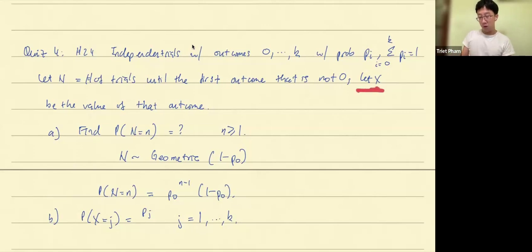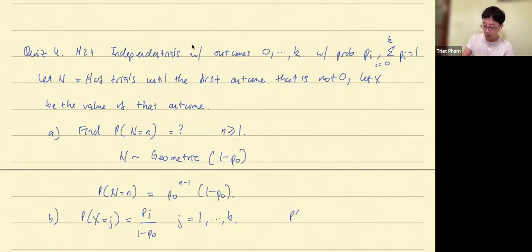But basically, when you look at X, you already know that X cannot be 0, so you have to divide by 1 minus P0. It's like conditioning on the fact that the random variable cannot be 0. Does it make sense?